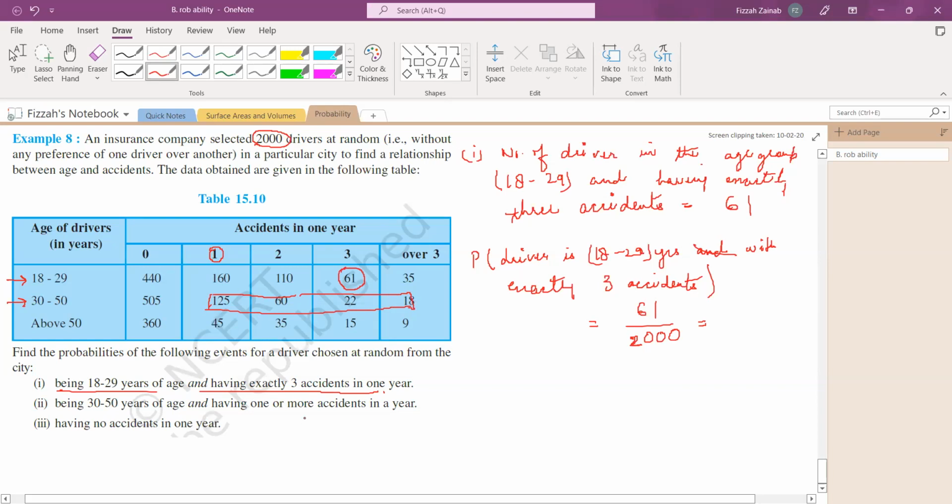So first of all, write the total number of drivers: number of drivers in the age group 30 to 50 years having 1 or more accident.